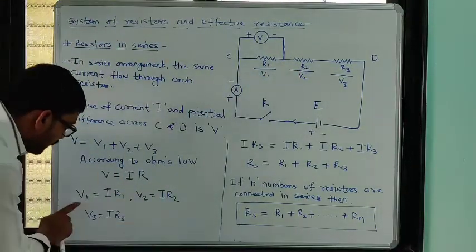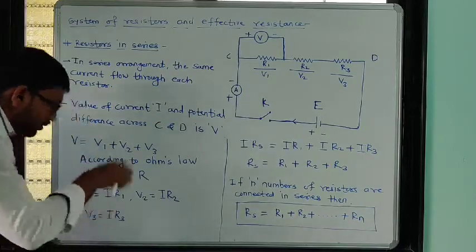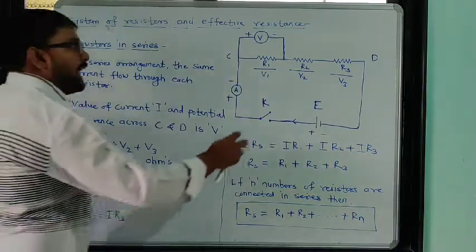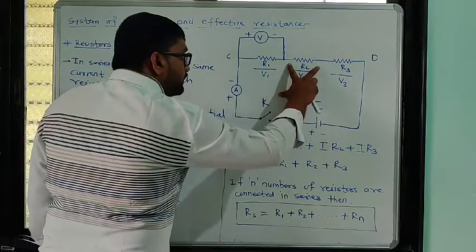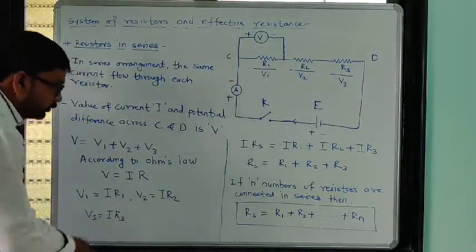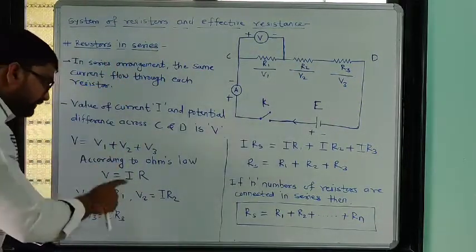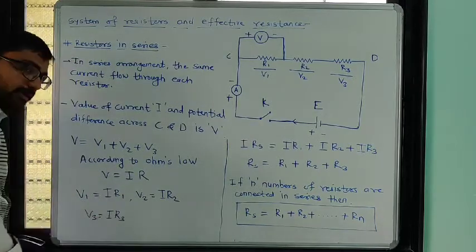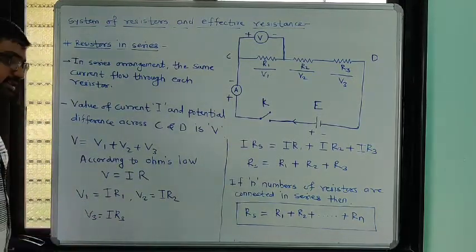So V1 is equal to I into R1. Same way, across resistor R2, what will be the potential difference? That is V2. Current is the same, current remains same everywhere, the value of resistor is changed.